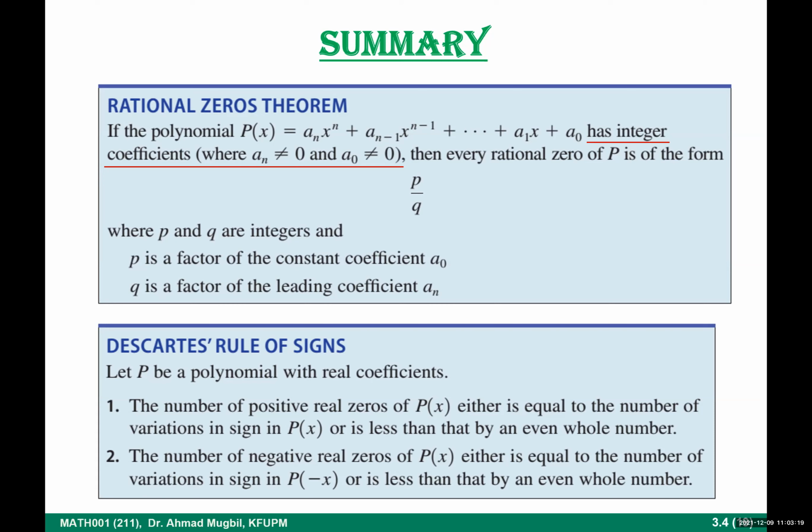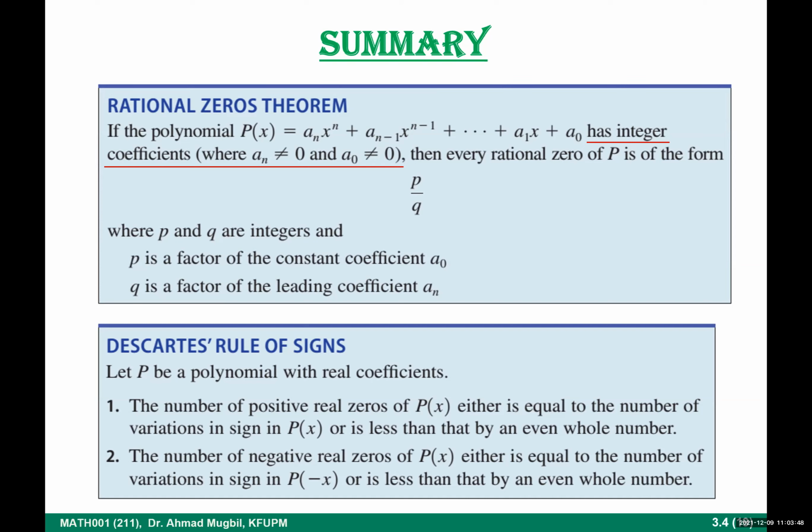For example, if the number of variations is 6, then the number of positive real zeros will be 6 or 4 or 2 or 0. We are talking about a number, how many, so you stop at 0.